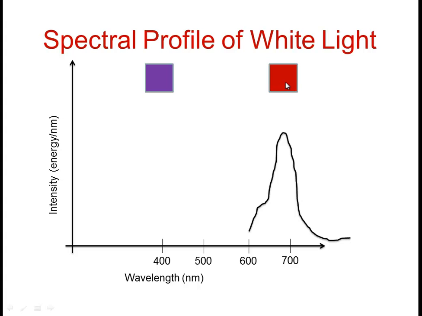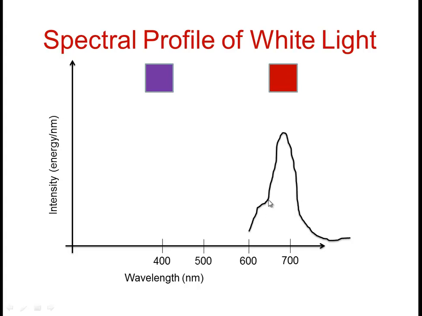Depending on your monitor at home, this should look basically red, but not pure red. It's got a little bit of an orange overtone, and that makes sense because as you get closer to 600 nanometers, it's getting more orangey.